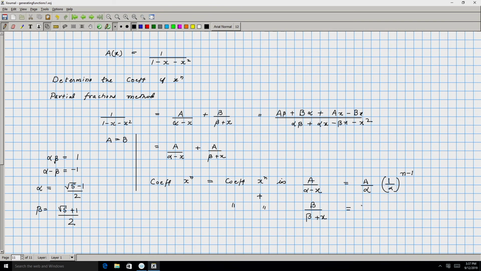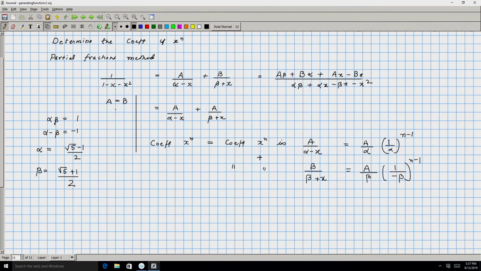Now b is same as a, so that is a by beta into 1 by minus beta, because here the term is beta plus x, so minus beta raised to n. Okay.